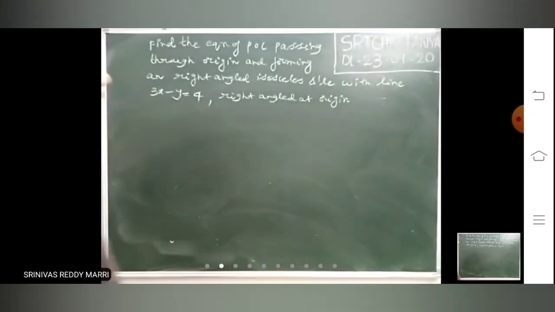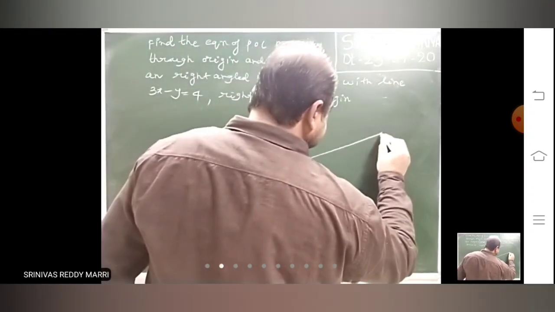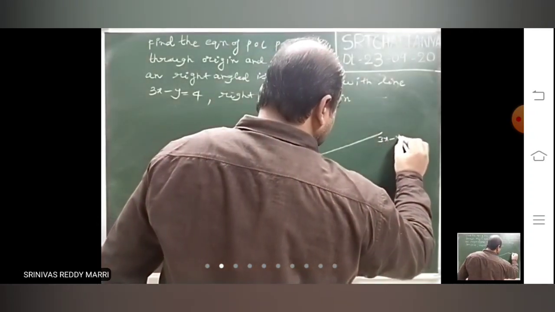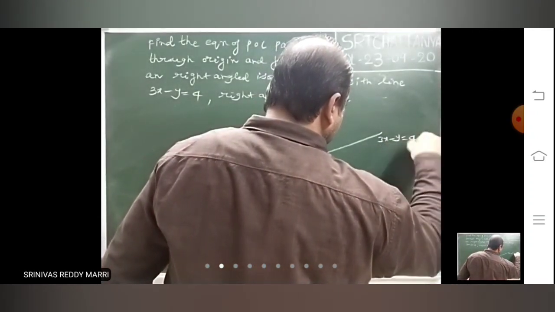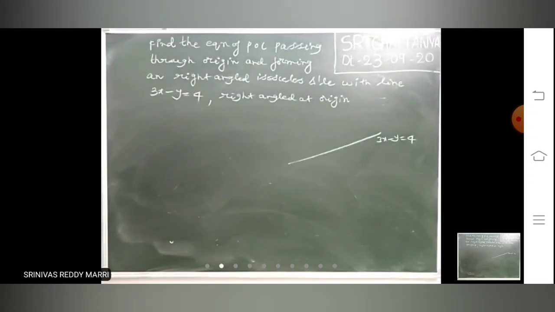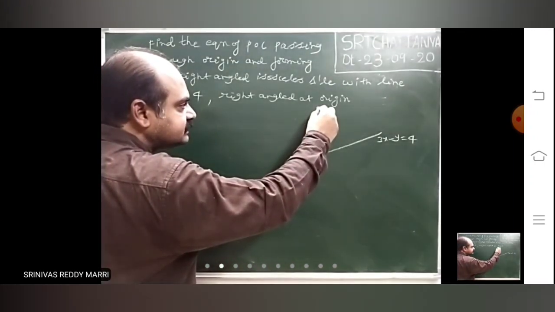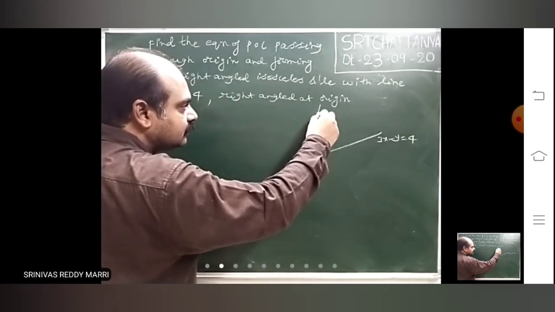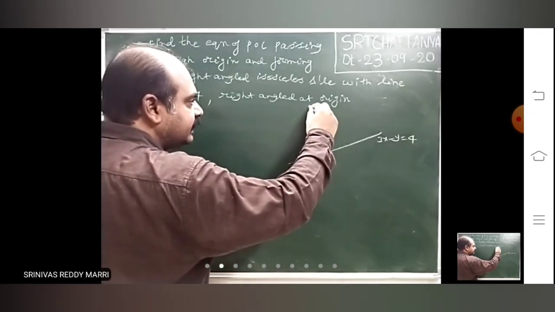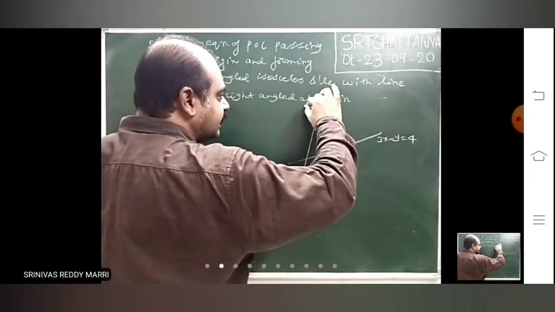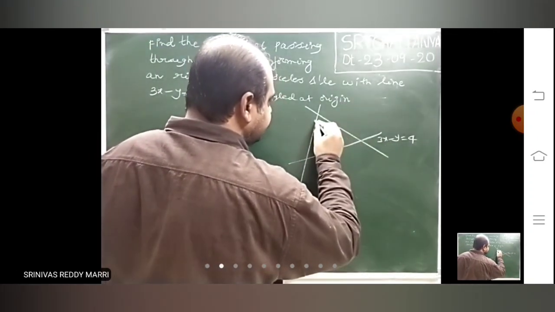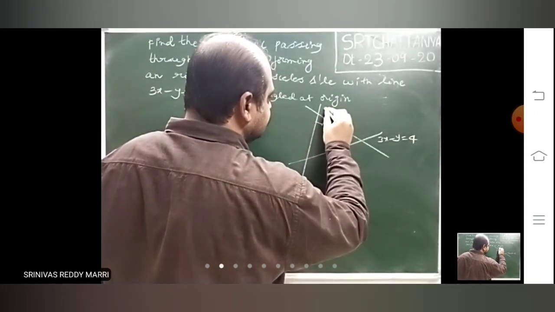Right angled at origin. Look at, there is a line like this, 3x minus y equal to 4. So you have to find a pair of lines passing through the origin like this and forming a right angled isosceles triangle. So that means this is 90 degrees.